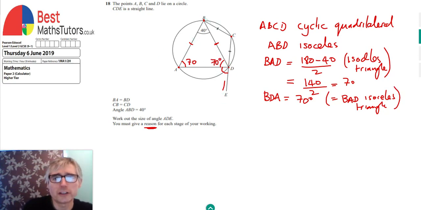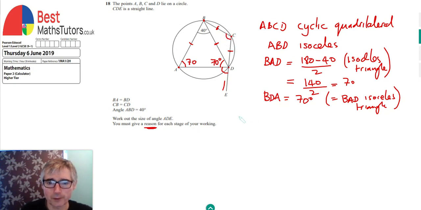I'm now going to look at the other isosceles triangle. This is BCD. We can see that it's isosceles again because I've got these little marks on the lines which tell me that BC equals CD. So I'm going to try and find this angle here, BCD.